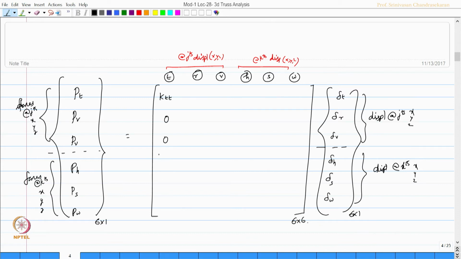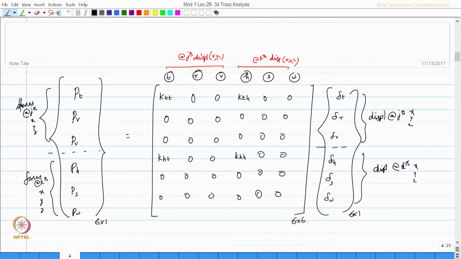Then you will have k h t and these two will be 0. Similarly, for the column h, you will have k t h, this will be 0, and k h h, this will be 0. Remaining all members for a truss element will be 0 in this stiffness matrix. Okay. So, that is my stiffness matrix.